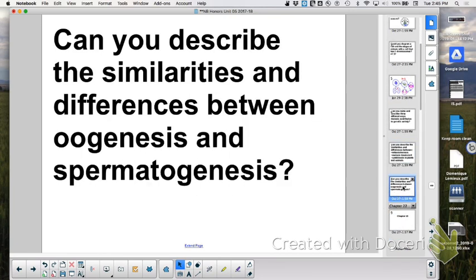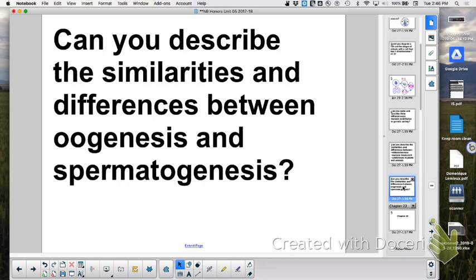Next, can you describe the similarities and differences between oogenesis and spermatogenesis? Oogenesis, what are you making? Eggs. And spermatogenesis, you're making sperm. There's millions of them. Since this review session started, you probably made 5,000, gentlemen. Since this review session started, I bet none of us ladies in here made any eggs.